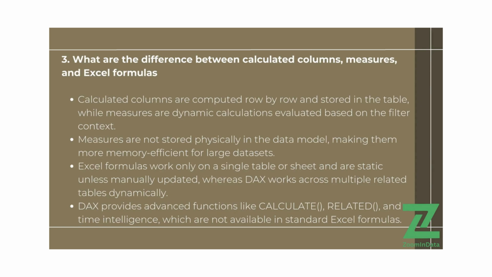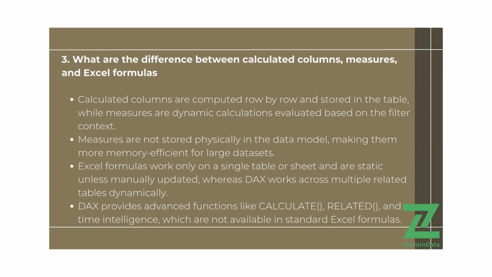Third question: what are the differences between calculated columns, measures, and Excel formulas? Calculated columns are computed row by row and stored in the table, while measures are dynamic calculations evaluated based on the filter context. Measures are not stored physically in the data model, making them more memory efficient for large datasets.